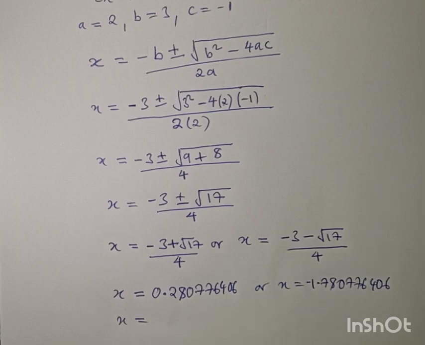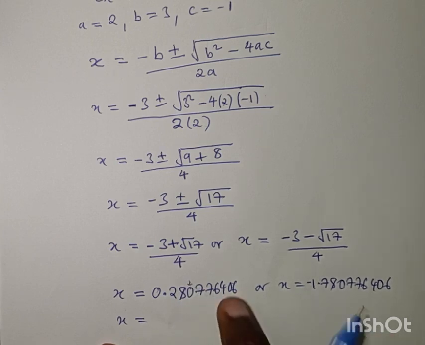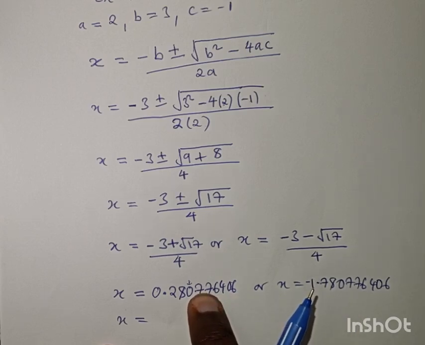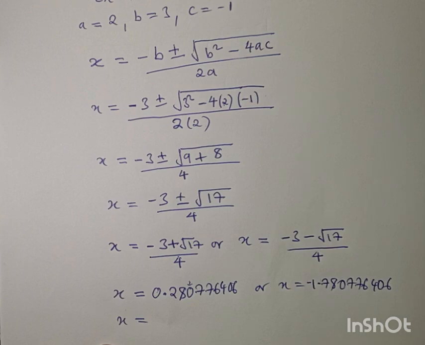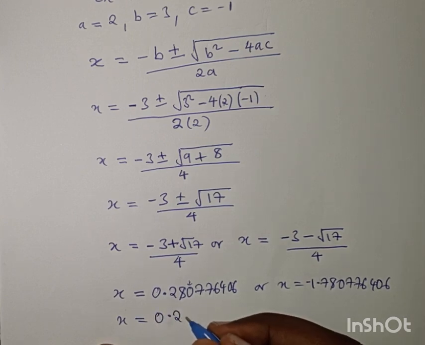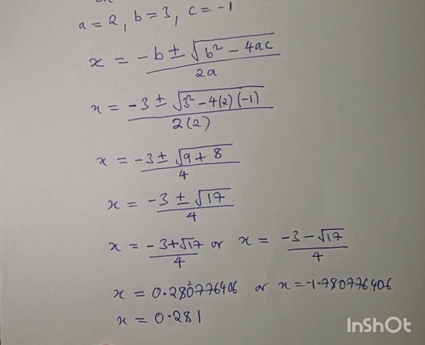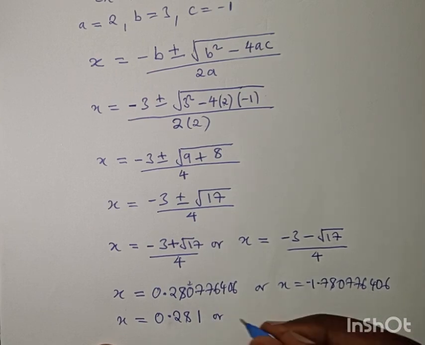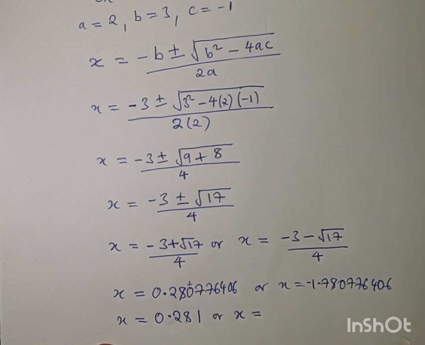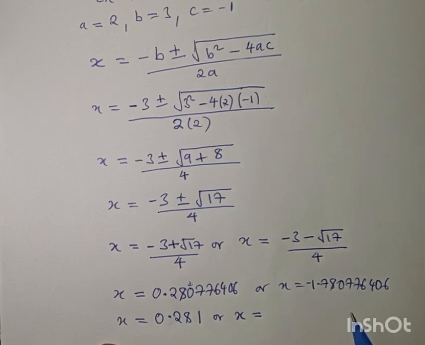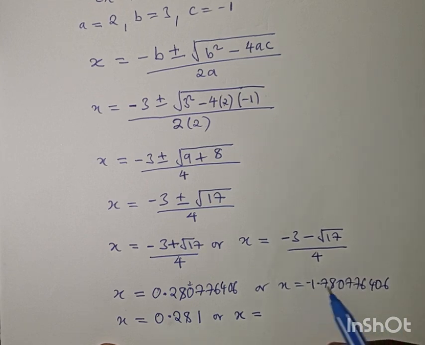So to 3 significant figures here, it will be at this digit: 1, 2, 3, at 0 here. Then you look at the next digit. If the next digit is 5 and above, you add 1. So we have 0.281. Or x is equal to, here 3 significant figures will be at 8: 1, 2, 3.